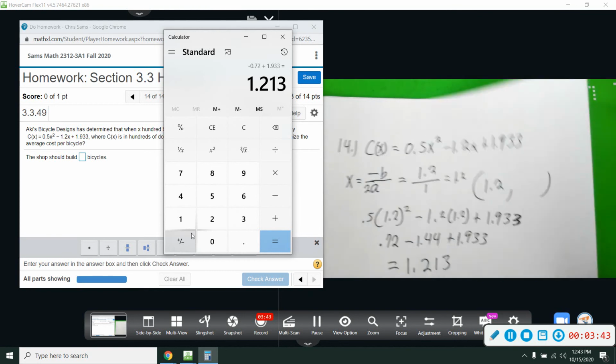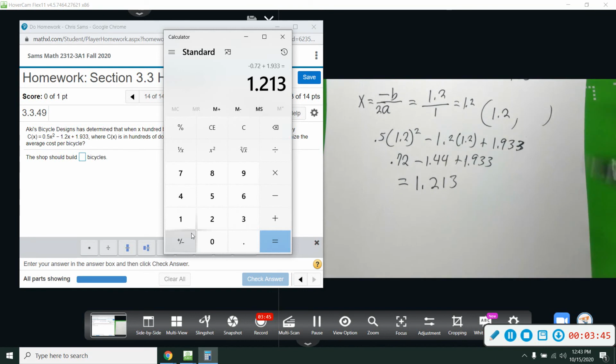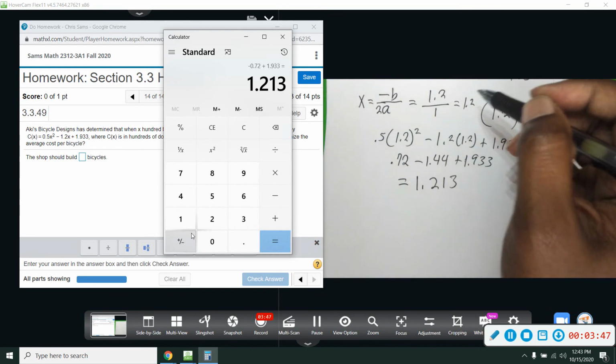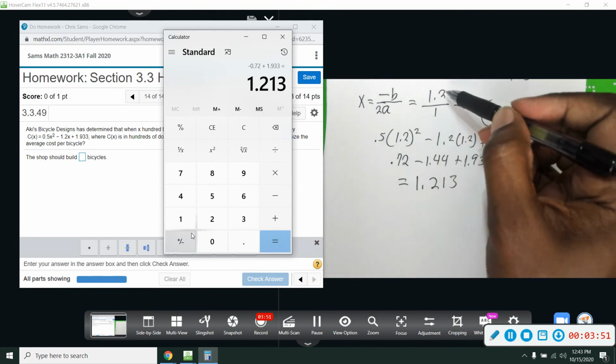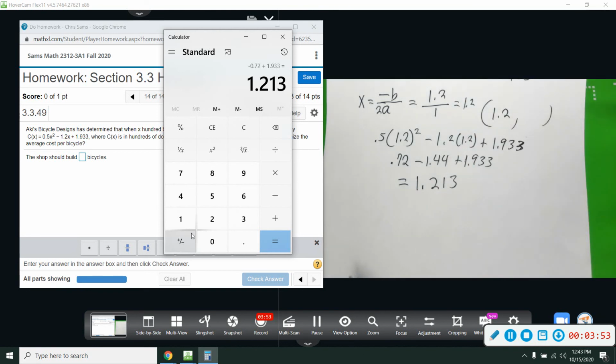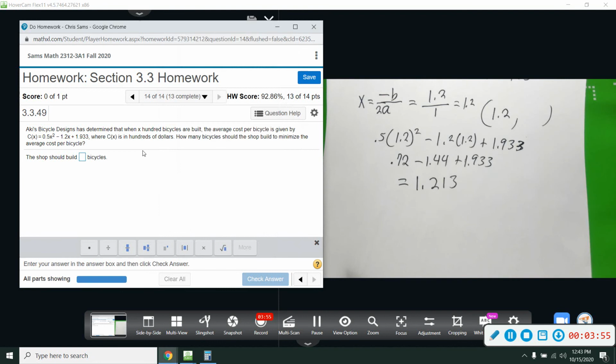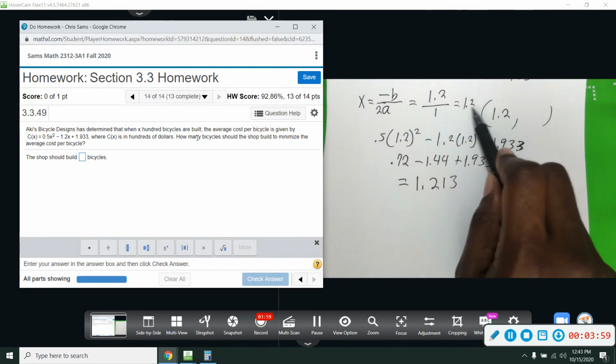All right, this is supposed to be in hundreds, I guess. So what I really should have done, let me go back and look at this one more time, sorry. x is in hundreds of bicycles. So what I really need to do is multiply this 1.2 by 100.